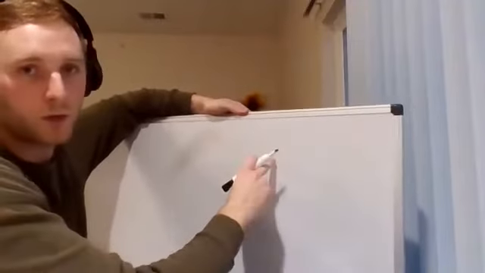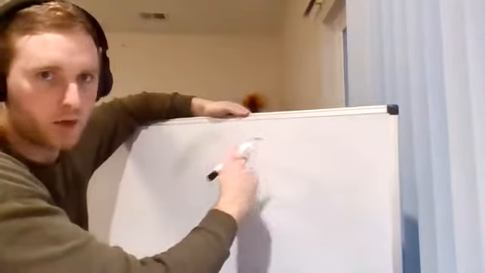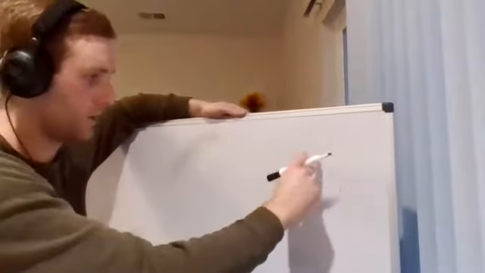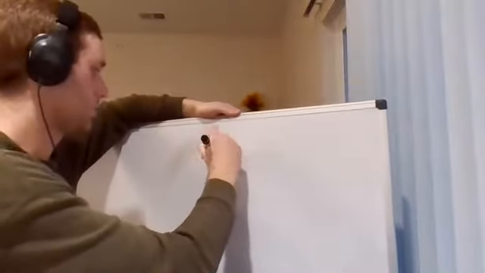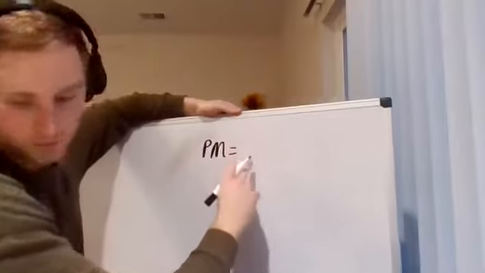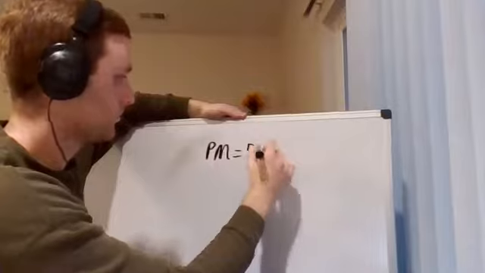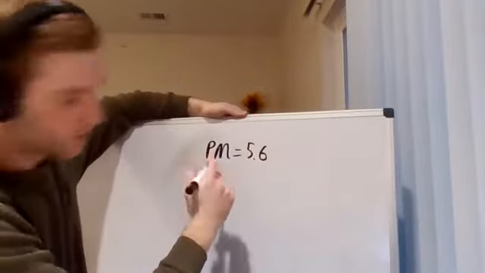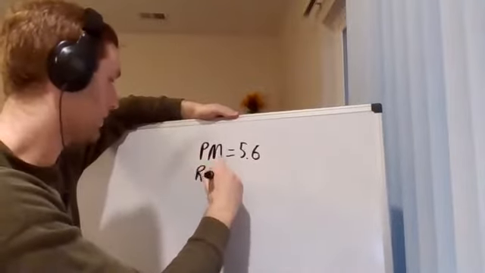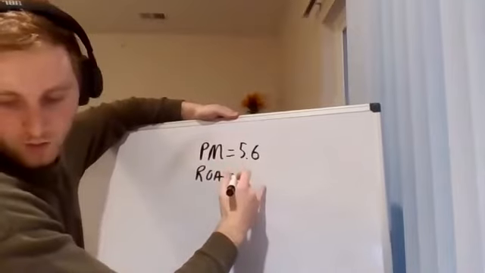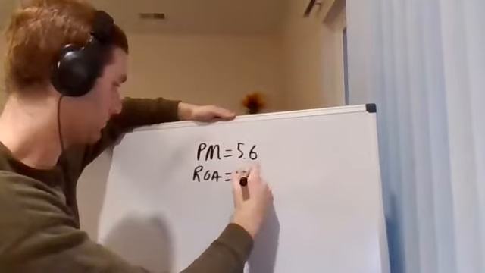Does everybody know the DuPont equation? I don't have to write it on here. Profit margin times total asset turnover times equity multiplier. So we know our profit margin equals 5.6. We know that our return on assets equals 12.5.